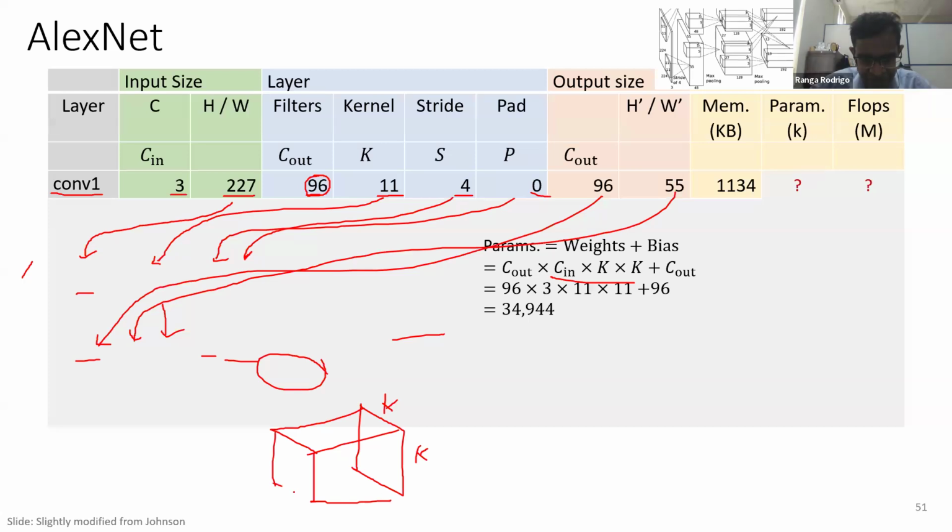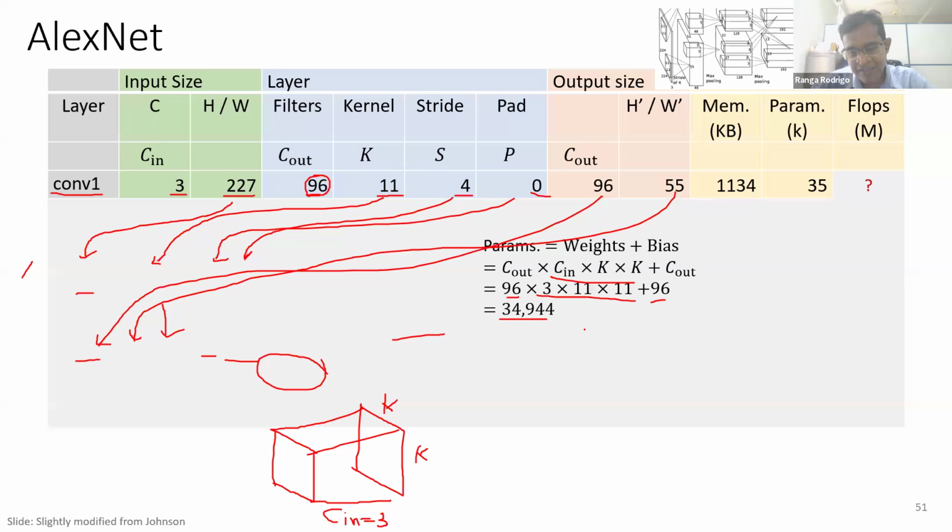Here C in, the number of input channels, is 3, because it is just a color image coming in. So you can see C in 3 times 11 by 11, times 96 for the output, and because each of these kernels has a bias, plus 96. That gives 34,944 parameters, approximately 35,000.